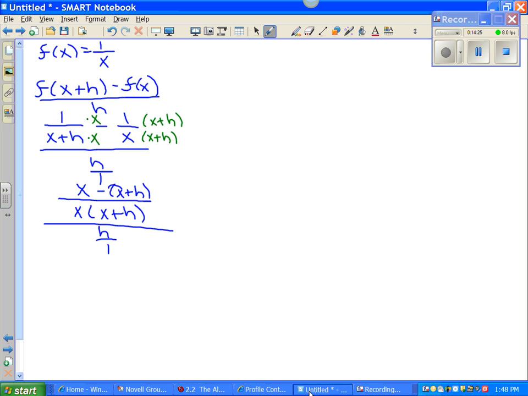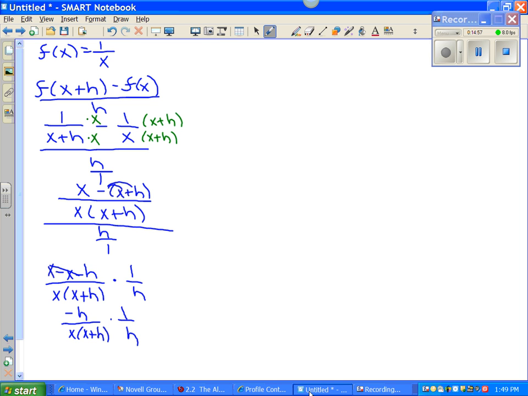All right, so now we can keep, change, flip. And as I keep, change, flip, I'm going to distribute: x minus x over x times x plus h, times 1 over h. The x minus x's cancel, so I get negative h over x times x plus h, times 1 over h.